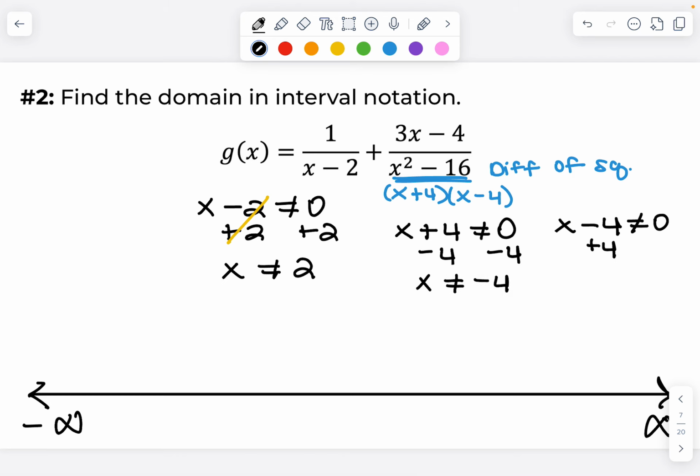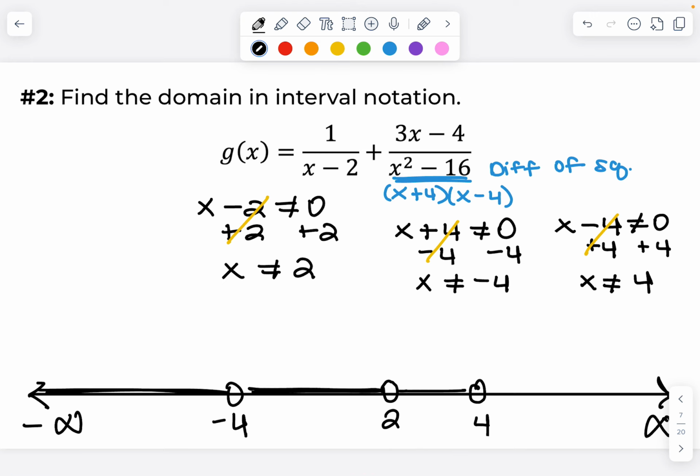Over here, I'm going to add 4 to both sides, so I get x cannot equal a positive 4. So I have 3 values where my function doesn't exist, where I have issues. I have issues at negative 4, 2, and 4. So if I think about this on a number line, I've got negative 4, I've got 2, and I've got 4. Those are where I have my issues, and then I exist everywhere else.